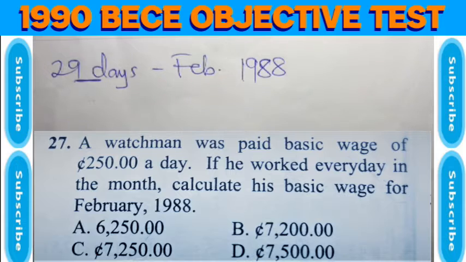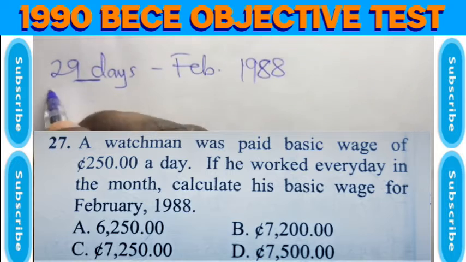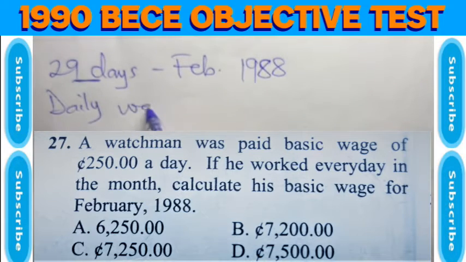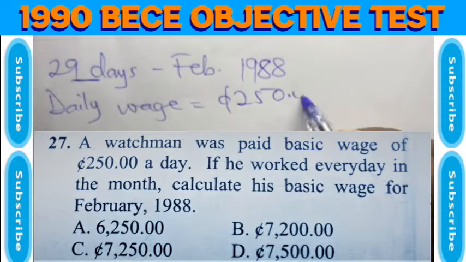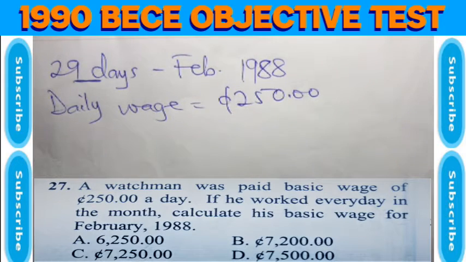So multiply the 29 days by his daily wage or daily pay that he is given. So his daily wage is equal to 250 cedis. So for the month of February, he is going to receive 29 multiplied by 250 cedis.